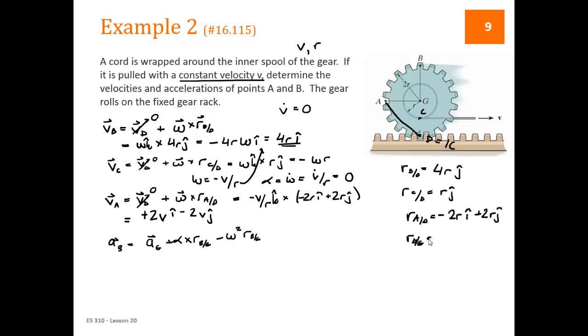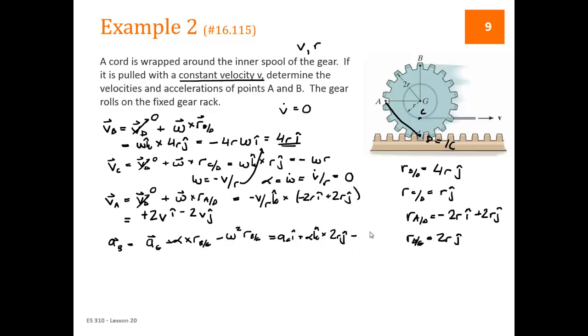RBG is the position of B relative to G, so it's 2R, and it's in the positive j hat direction. We know AG is in the I hat direction, so this is AG I hat plus alpha k hat crossed with 2R j hat minus omega squared, which we know.